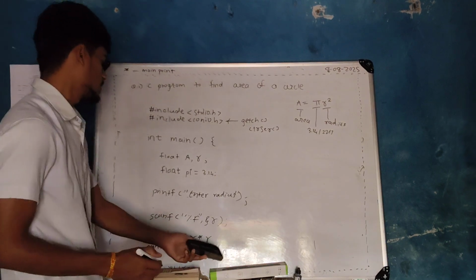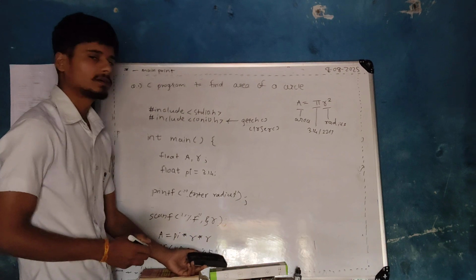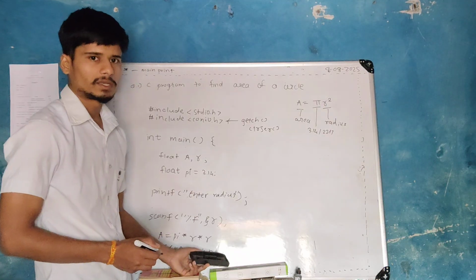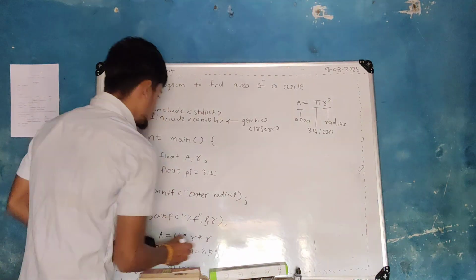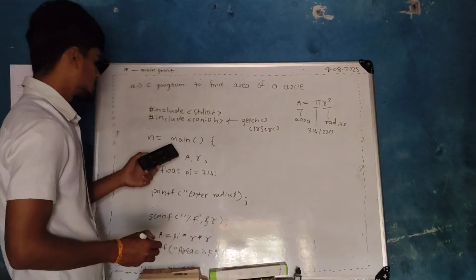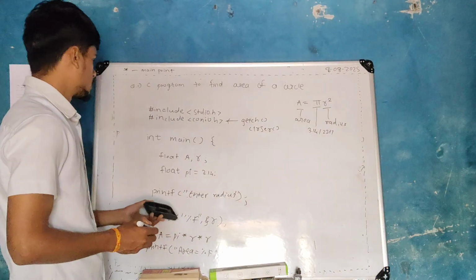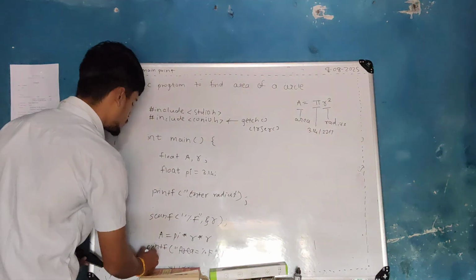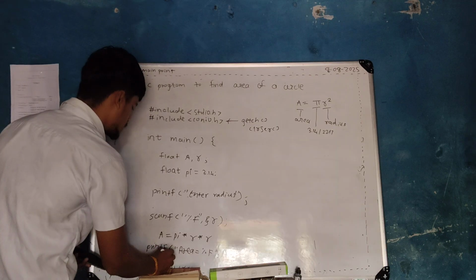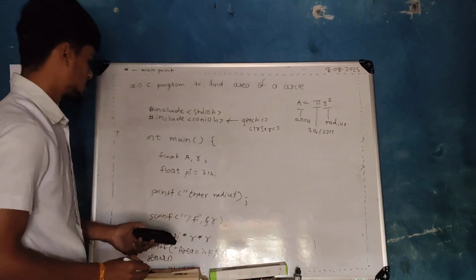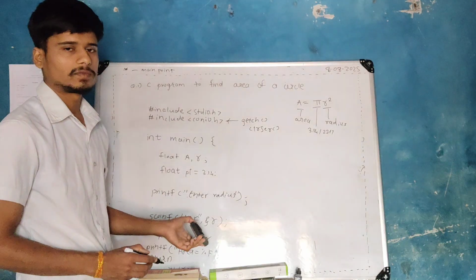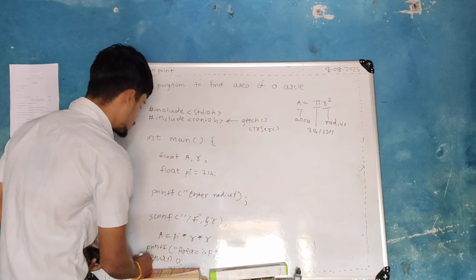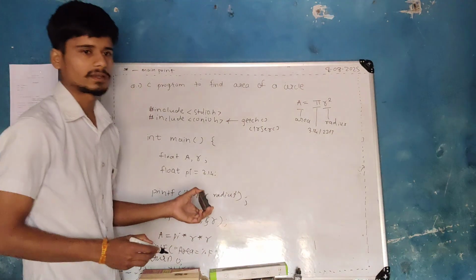Because we have to print variable a, in which the area of the circle is stored, it will print. This is our code logic, completed. And as we have given a return type, we have to return some value. As we are just printing the area of a circle, we will return 0 and close the curly bracket.